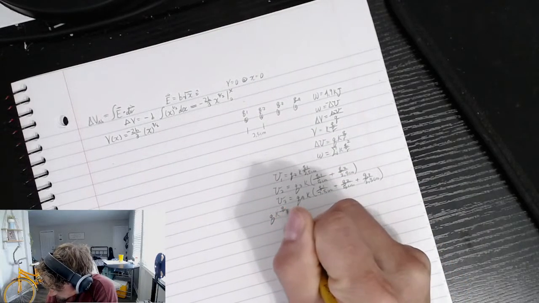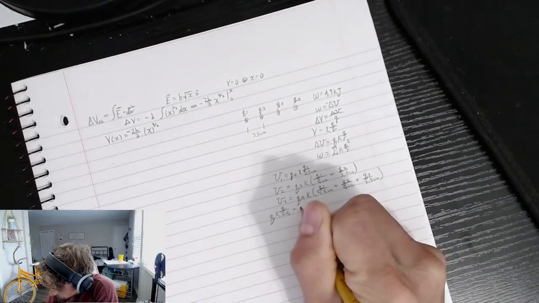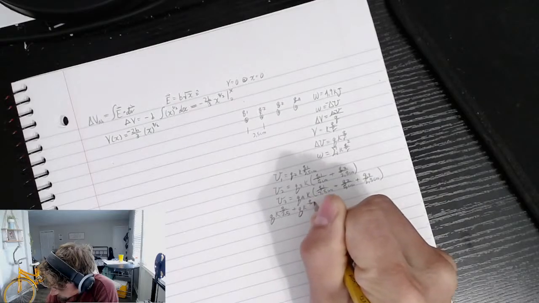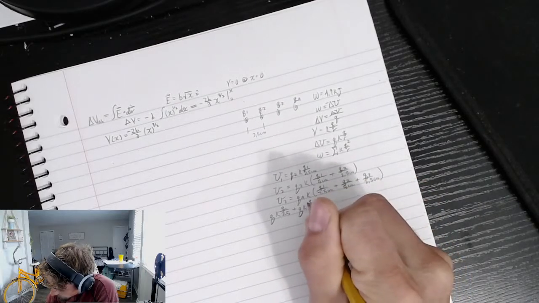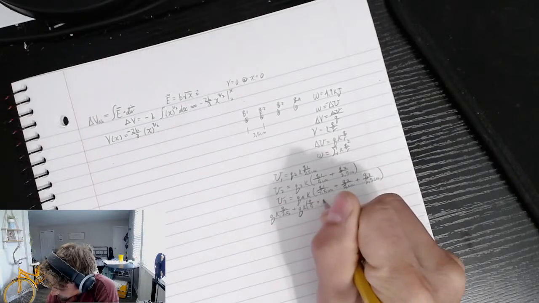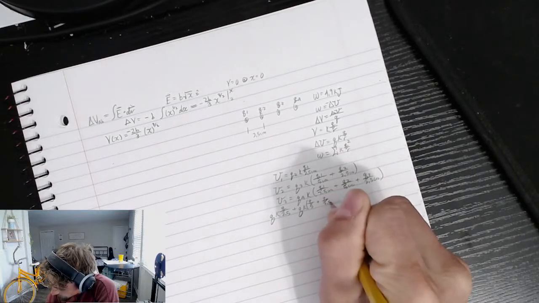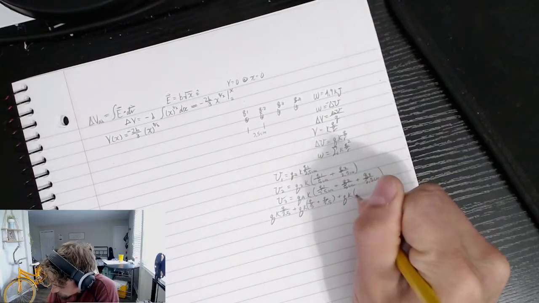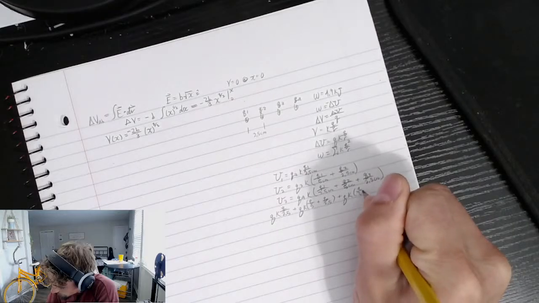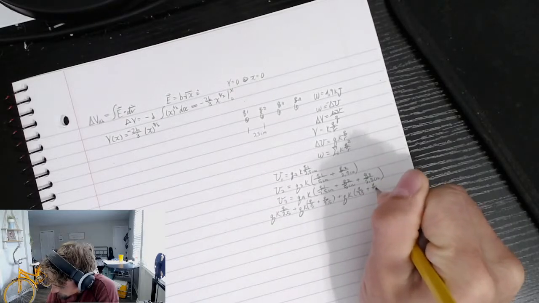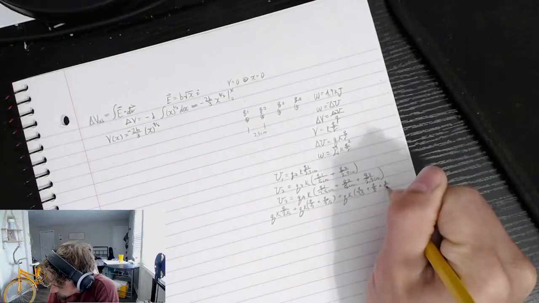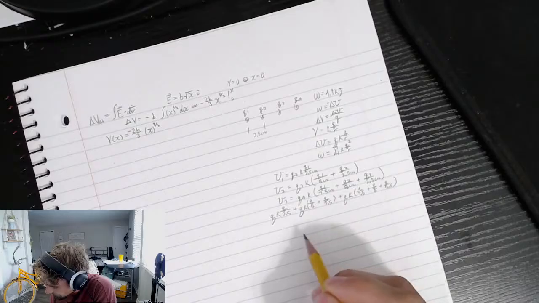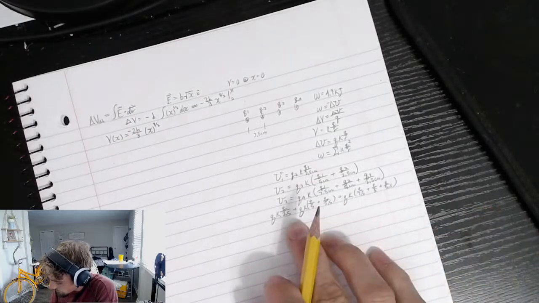KQ over 2.5 plus KQ over 5 plus Q over 2.5 plus KQ over 7.5 plus Q over 5 plus Q over 2.5. Okay, just like this. Distributed.